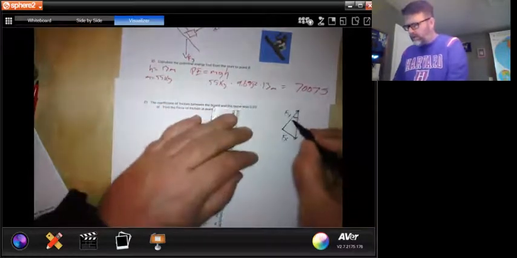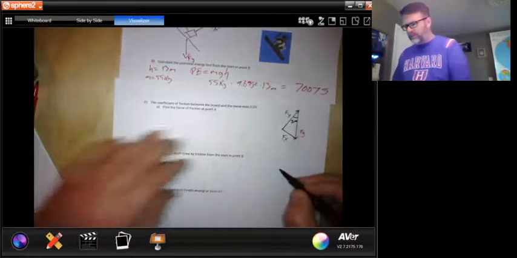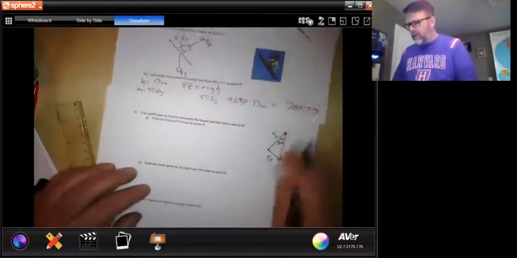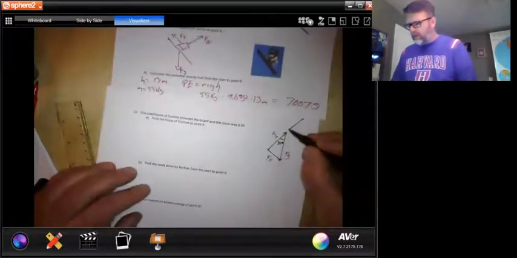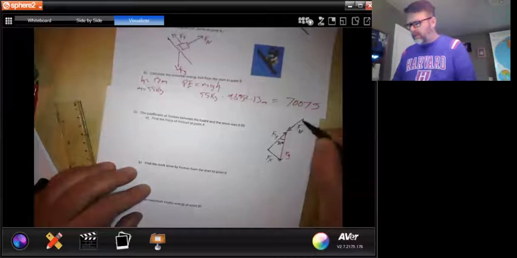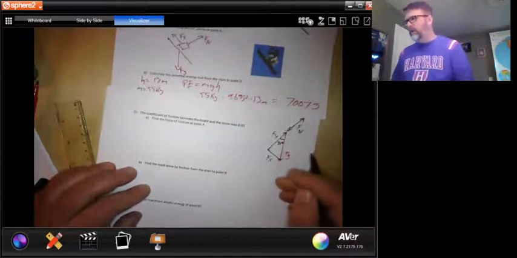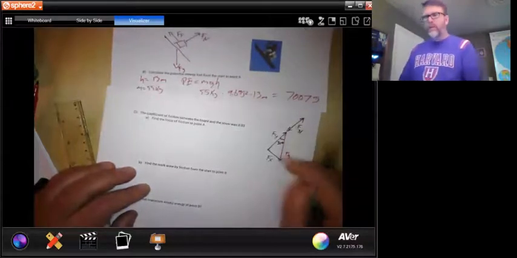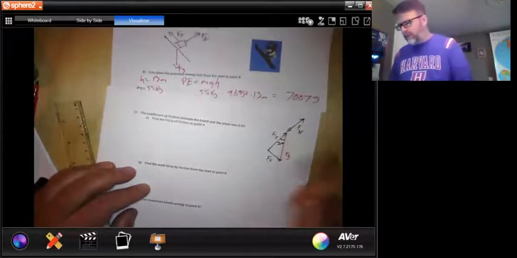This is still 35 degrees. This is important because the force normal is going to be equal and opposite to the component of gravity. The magnitude, the number, is going to be the same.